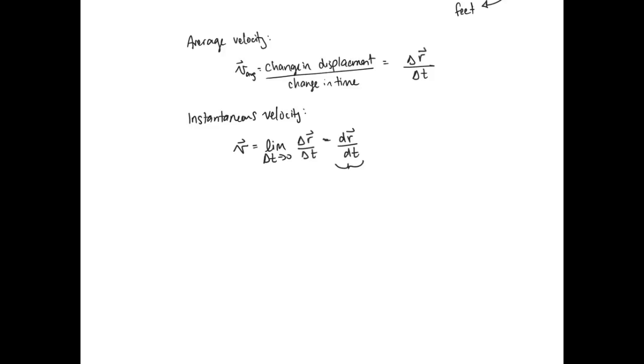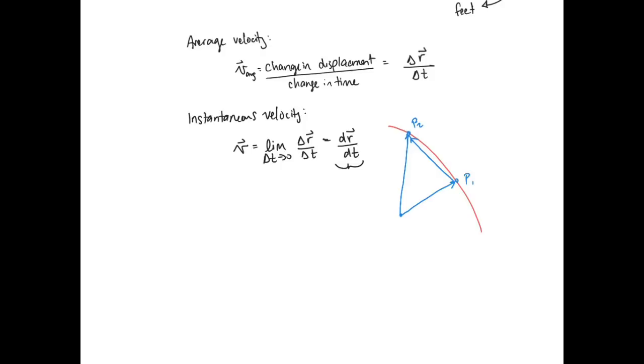Now what is the direction of that velocity? So if we have the path of the particle here, this velocity vector depends on the displacement vector, and the displacement vector was the vector that connected two positions. So if this was position 1 and this was position 2, the displacement vector connected them.